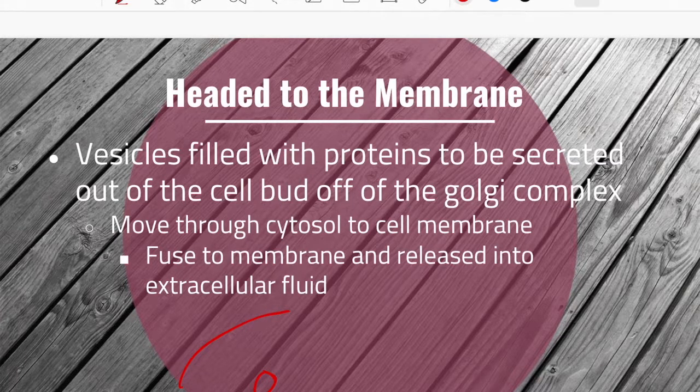So you have a membrane, and your vesicle is moving that way. It will actually fuse to the membrane or attach, and then it will open that vesicle up. So if you have blue dots in here, eventually you no longer have a vesicle, and those materials are outside the cell.